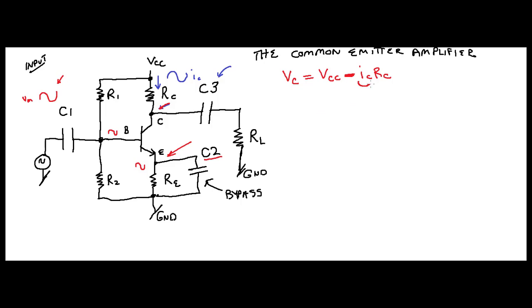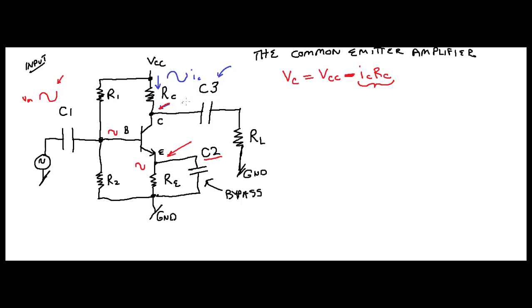This is the interesting factor here. Notice, when your current increases, this is a larger value. If you subtract a larger value from V_CC, that means your voltage gets smaller.